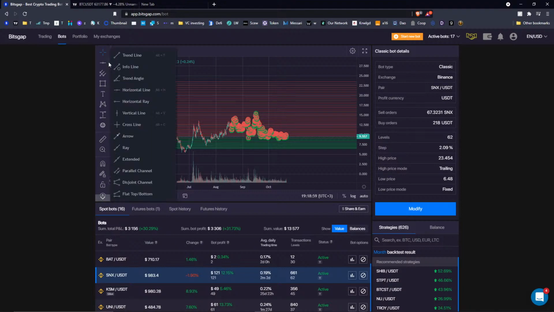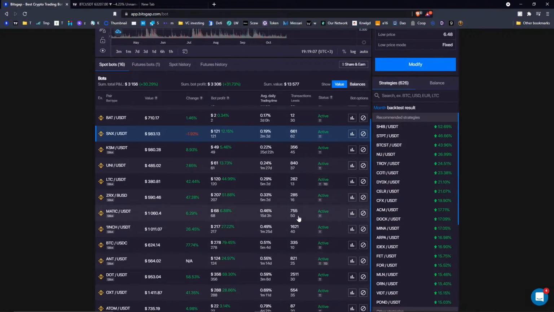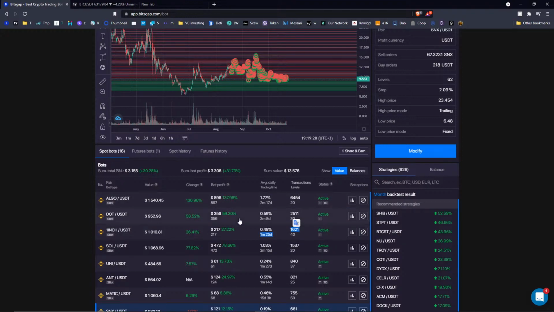They are experimenting a lot, and that's something that I like, and that's why in the long term I still believe in SNX. So yeah, I think I'm just going to wait for a while for it to continue trading, and then see how it goes. If it still stays at 0.19% per day, then most likely I will not use 62 grid levels, but I would use the setup like from my best performing assets.